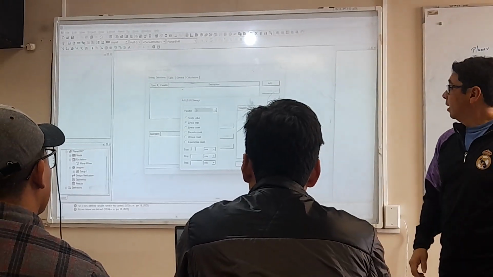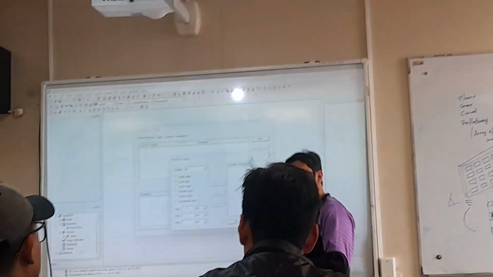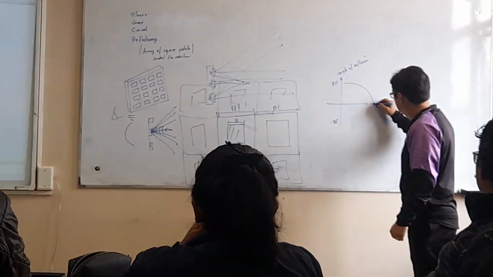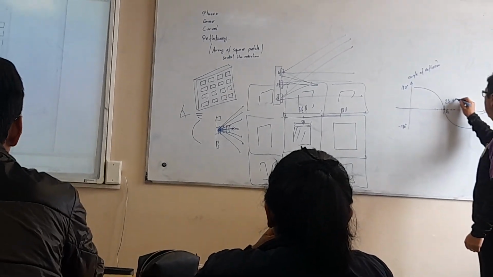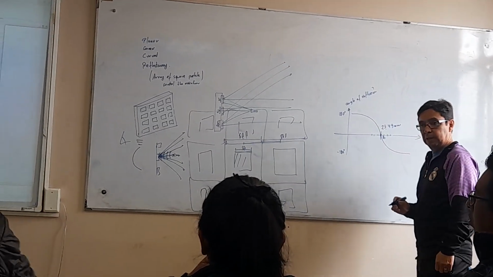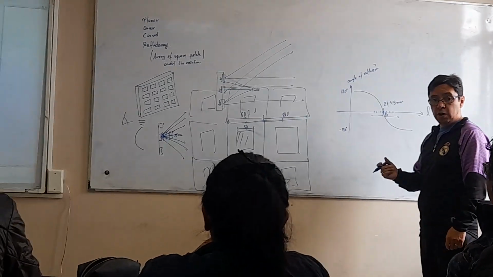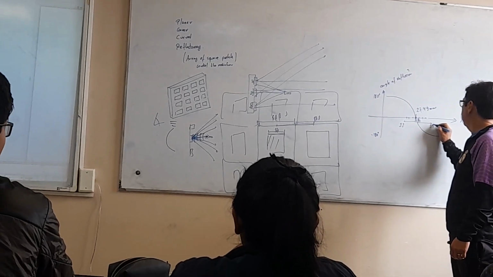Remember that in theory, the central length, the ideal length, is 23.49 millimeters. Then we need to vary this from 22 until 25.